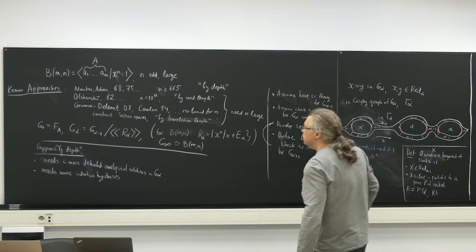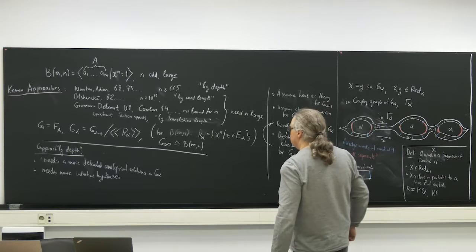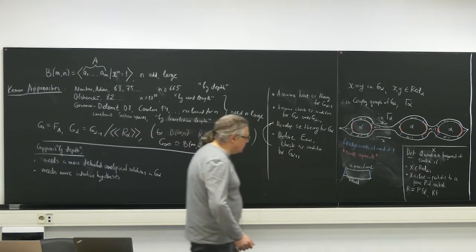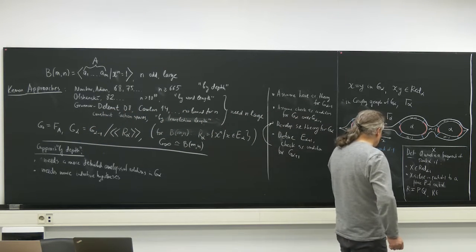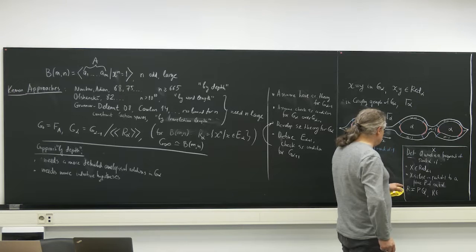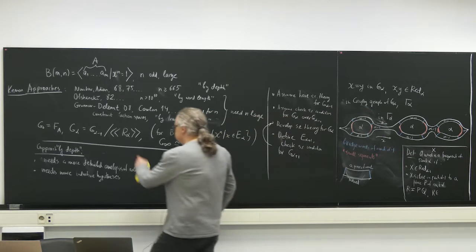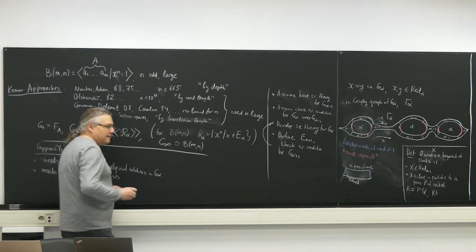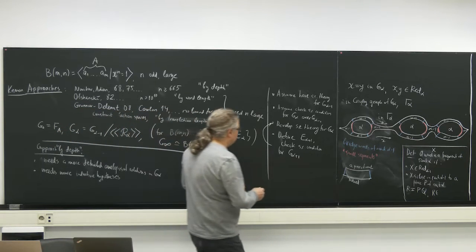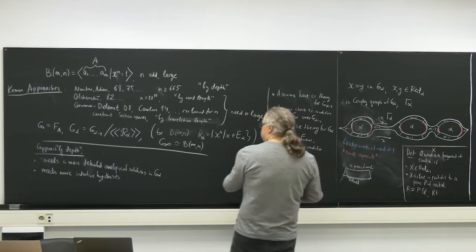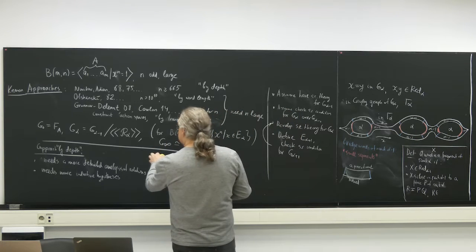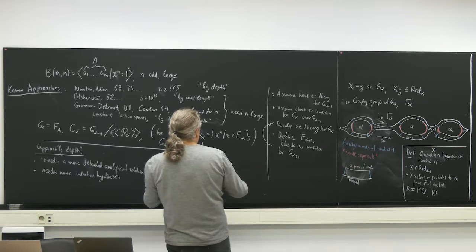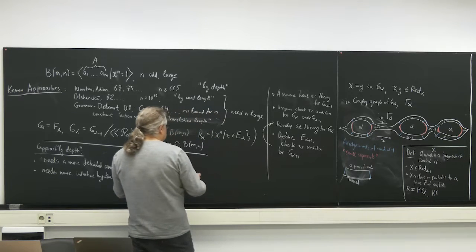I have two R's, so let me change the notation, and I will always use a different letter. Let me denote some sets of words and some more complicated objects by script letters.